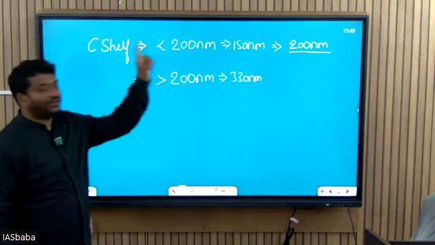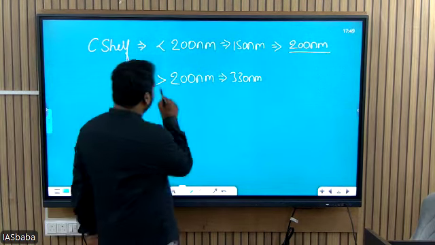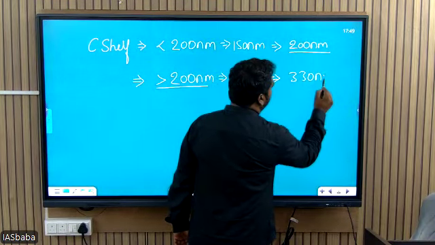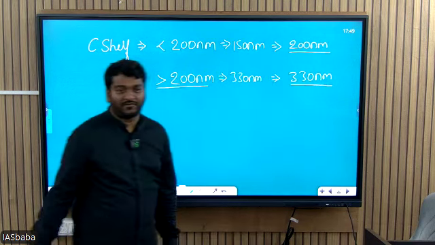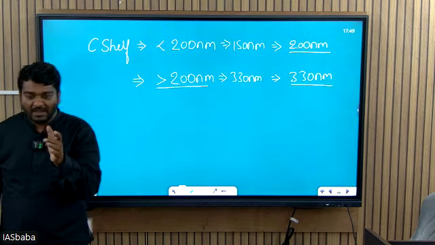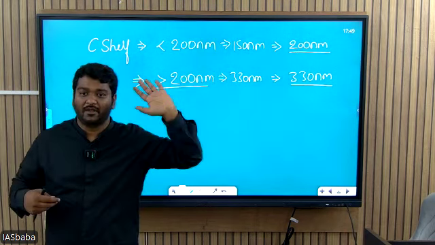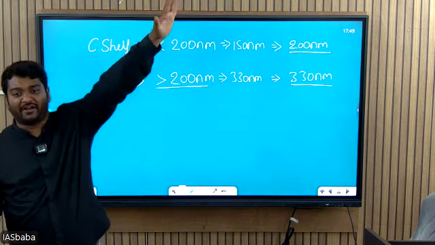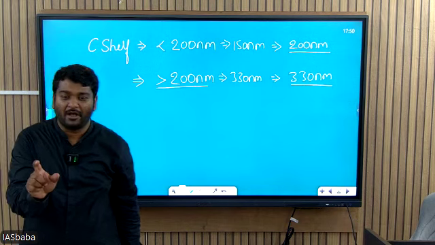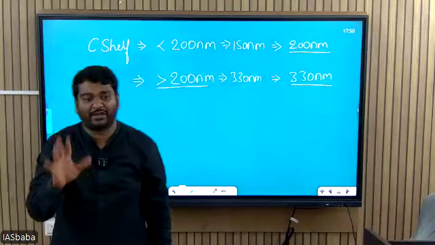If it is less than 200, minimum how much will be given? 200. And if it is more than 200 nautical miles, we are going to give you the continental shelf. Whatever is the continental shelf, I will give you that. See, now, if my continental shelf is 150, how much will I get? 200. If my continental shelf is 500, how much will I get? 500. So, either I will get 200 or the continental shelf, whichever is maximum.